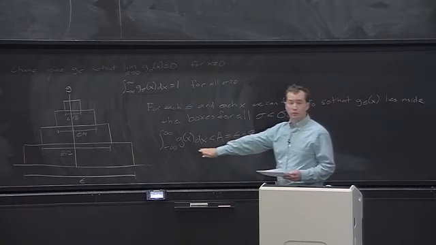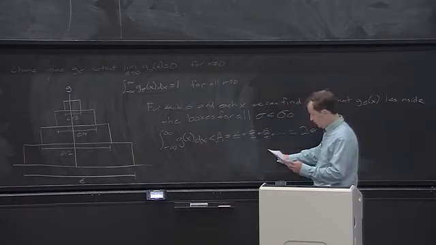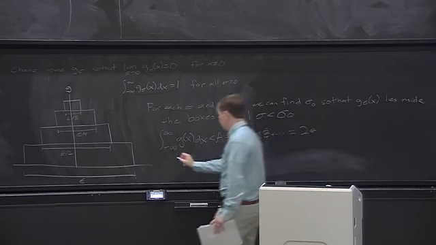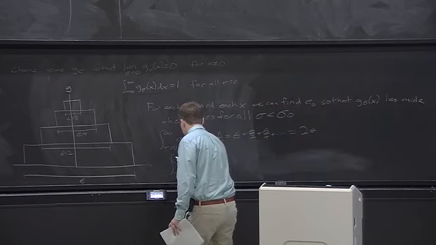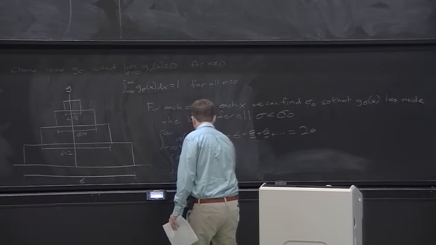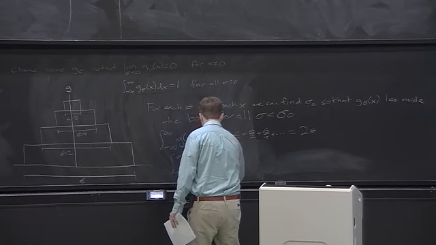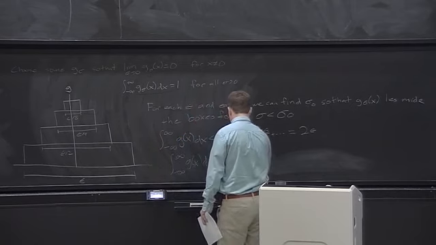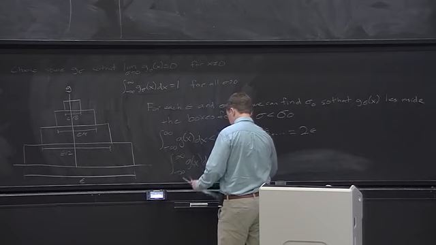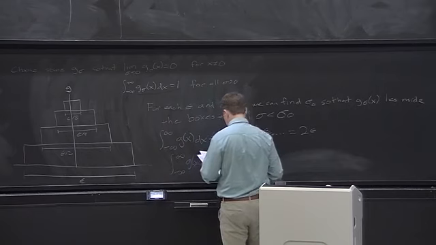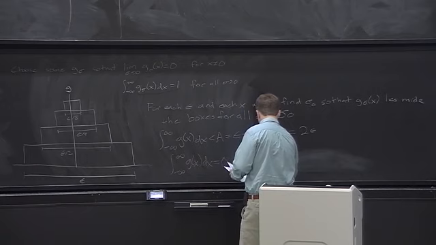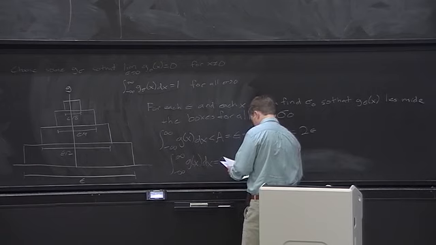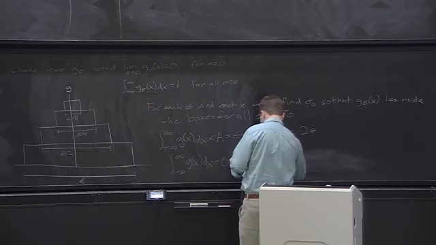And this has to work for any epsilon. So that tells us that the integral of g of x dx is 0, which is not 1, which is because we switched the order of the limits. We do the integral first and then take the limit.